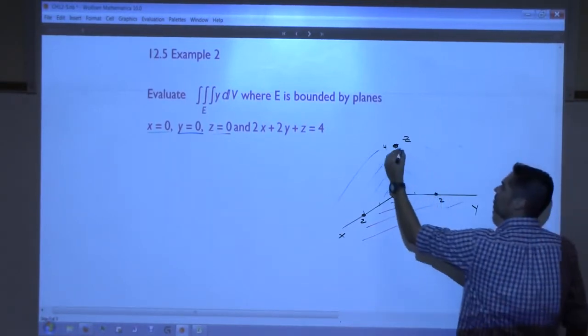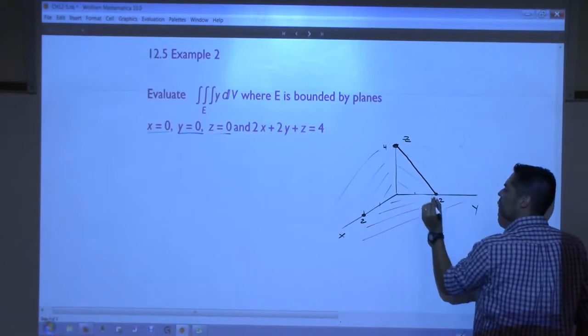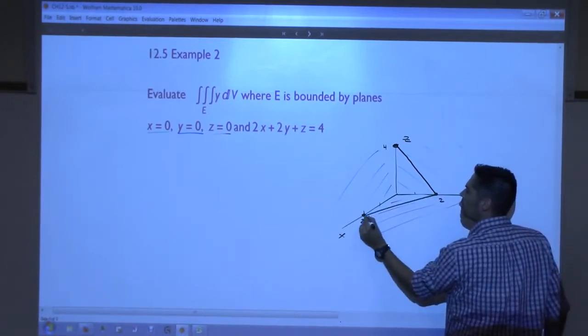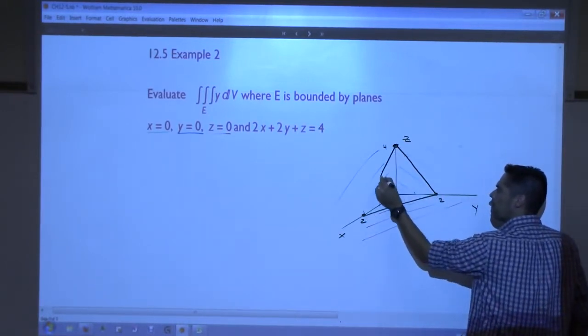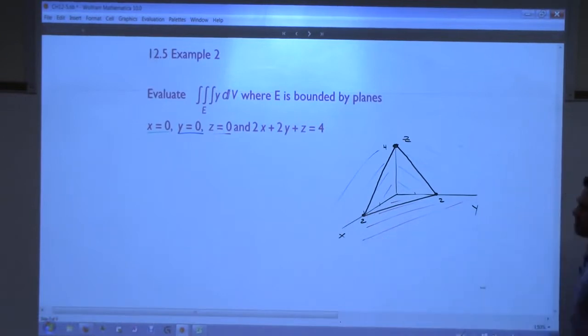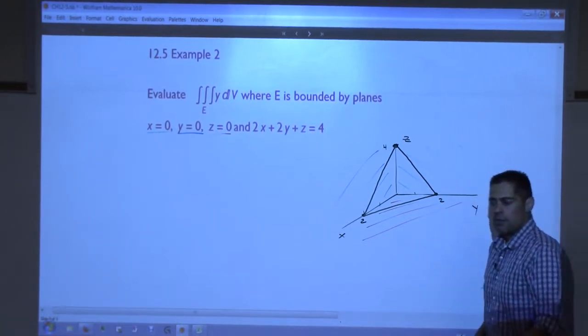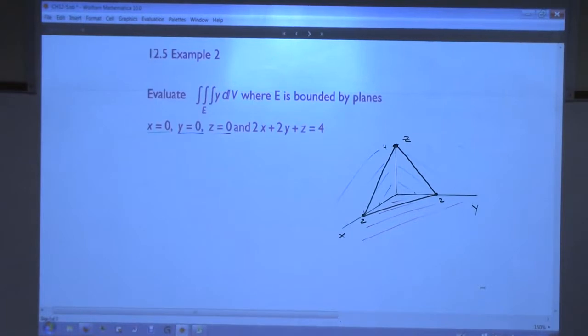So what I'll do is I'll connect the 3 points together like this. Do y'all see the solid? Do y'all see that solid? That's E. Does the shadow of E on the ground look like a type 1 region?